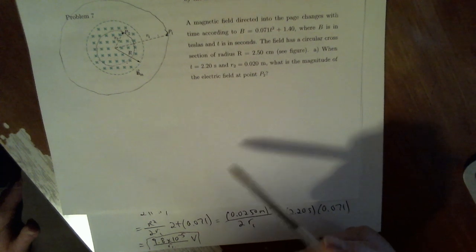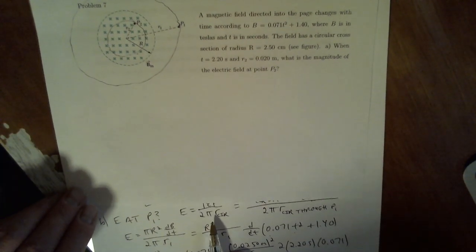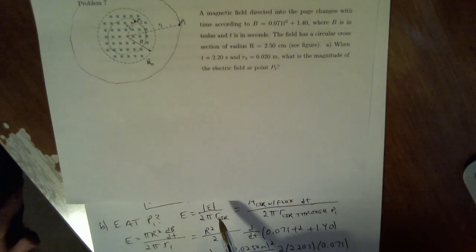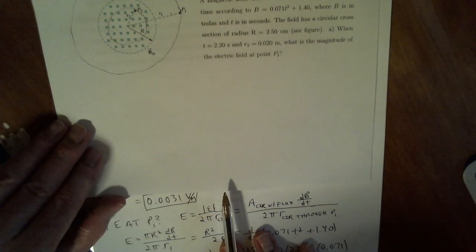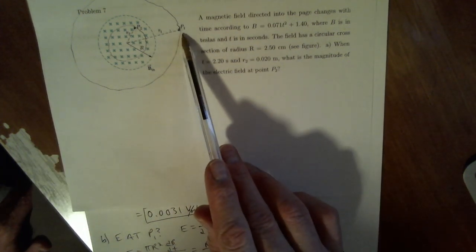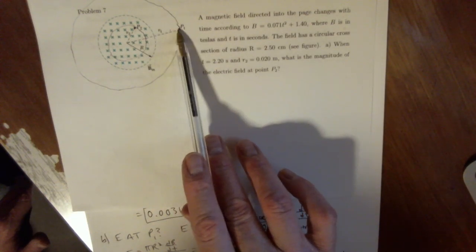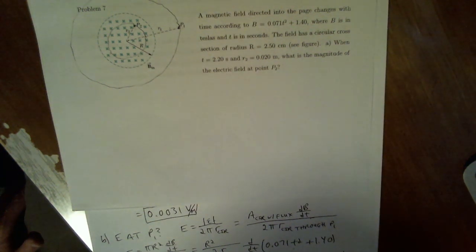The denominator of our E field depends on the circumference of the circle that goes through the point where we're finding the E field. That circle has circumference 2 pi R1, where R1 is this big radius out to P1. And the EMF has the area of a circle with flux through it.